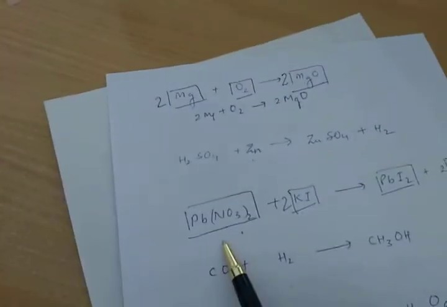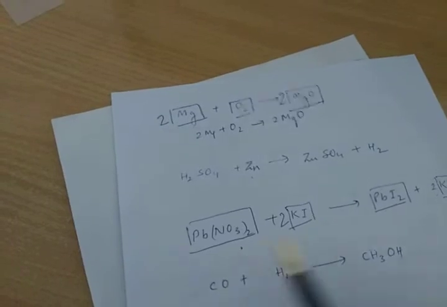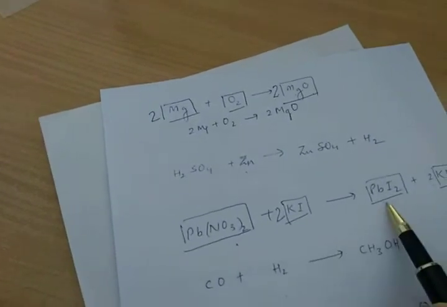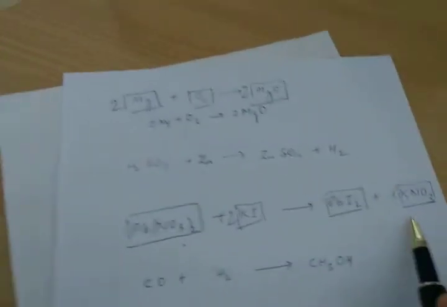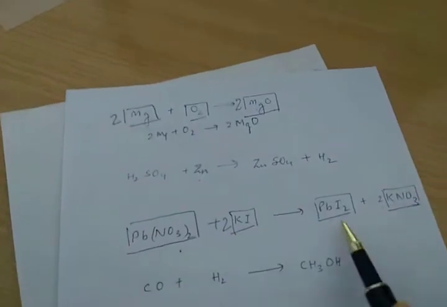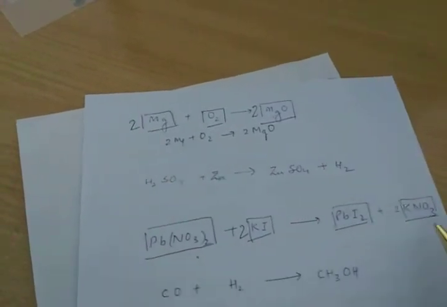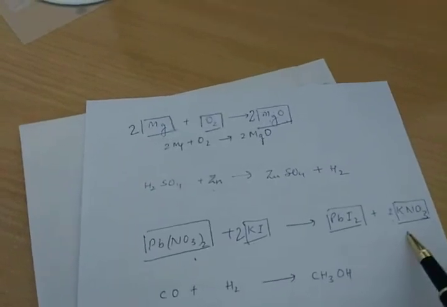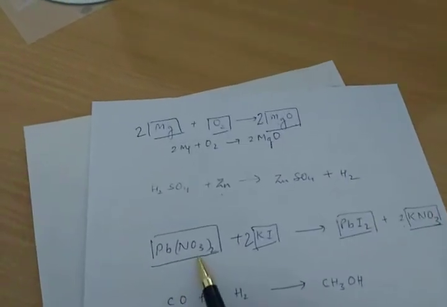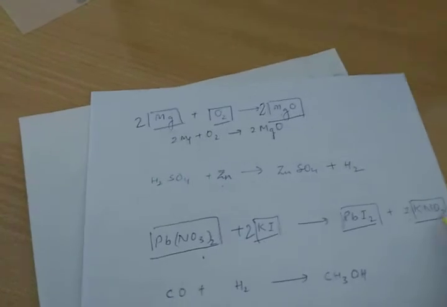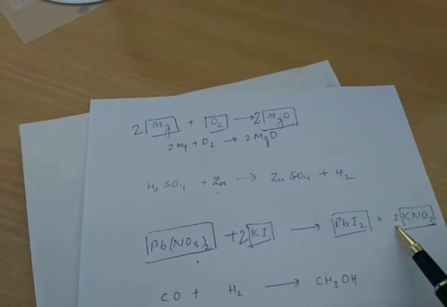Now another reaction, lead nitrate plus potassium iodide changes into lead iodide plus KNO3. First we encircle all the species, then we start with the KNO3. On the left side, NO3 species is 2, but on the right side only 1, so multiply it with 2.